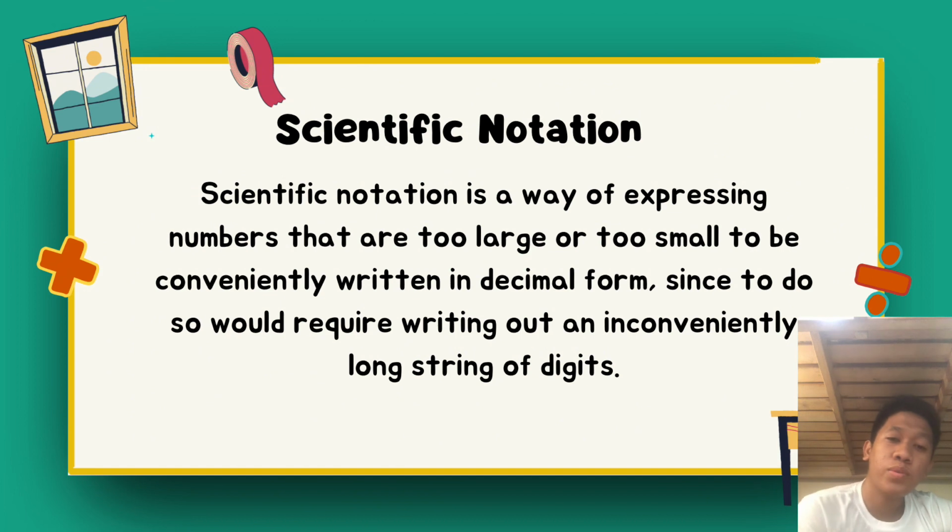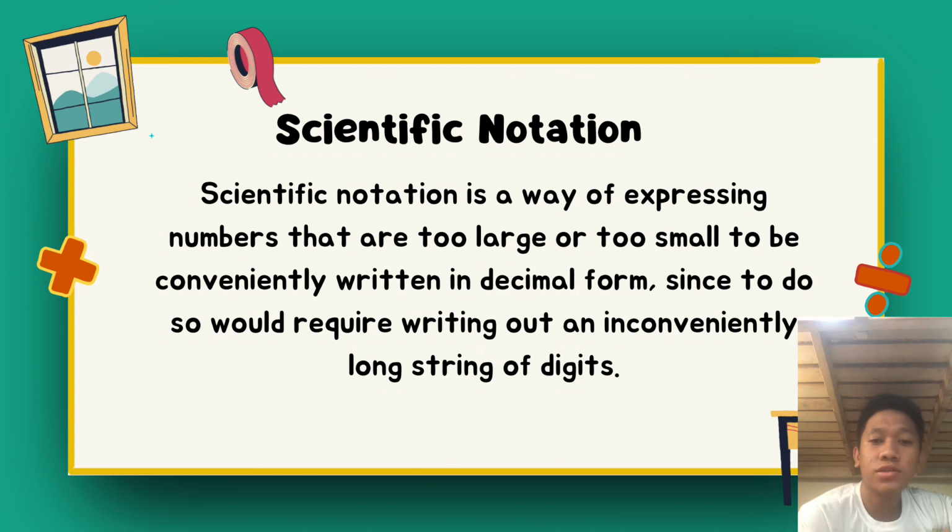So, to avoid writing so many digits in science, they work hard to find and invent a number notation that can be written shortly. For example, let's say 650 million.